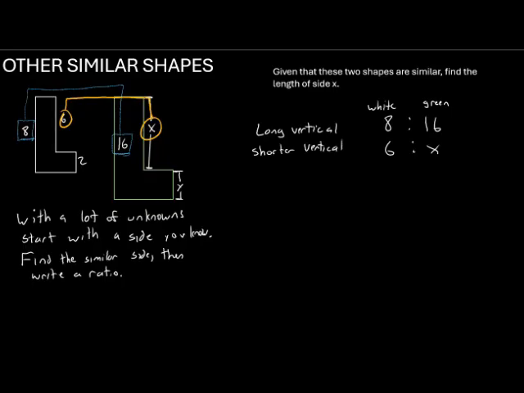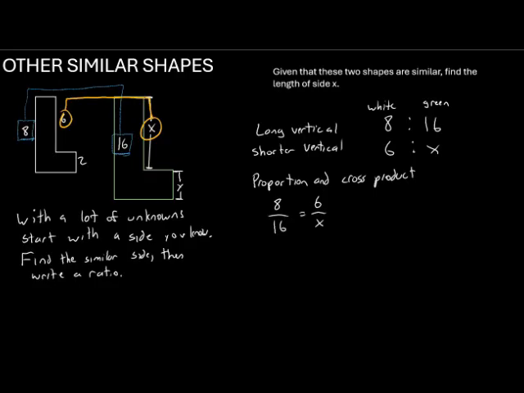Since we have two ratios, we may now write a proportion and do a cross product. Our first fraction will be our known numbers, 8 and 16, putting 8 on the top, 16 on the bottom. Then we'll say our equal sign and then put 6 over X for our second fraction.